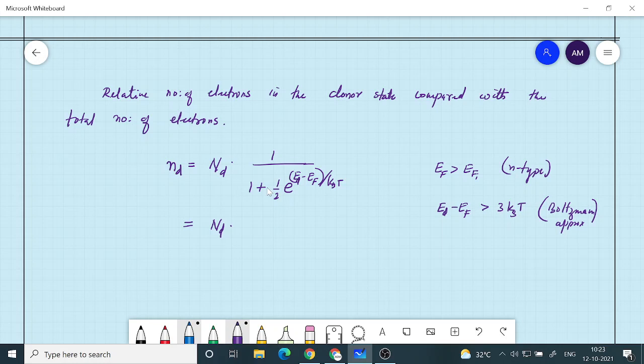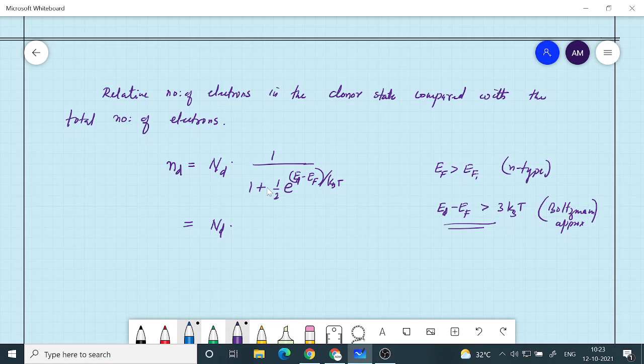This is also a valid assumption, because Ed is a level very close to the bottom of the conduction band, and if Ef is sufficiently below the conduction band, this requires only 3 kBT, which can easily be achieved for low level doping. If the doping concentration is very heavy, of course this will be violated, but we are assuming that the doping concentration is not to that extent.